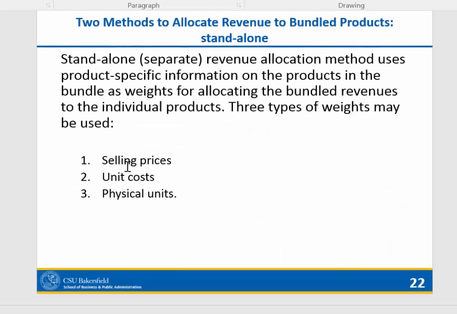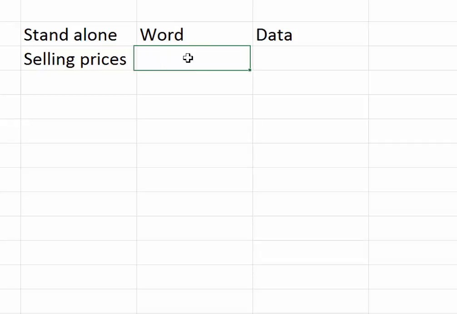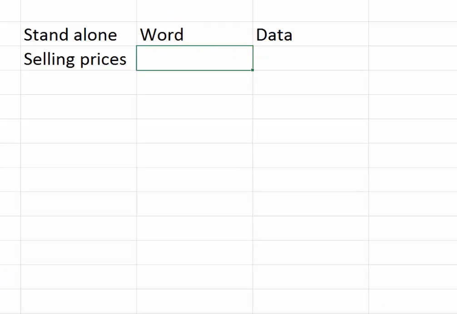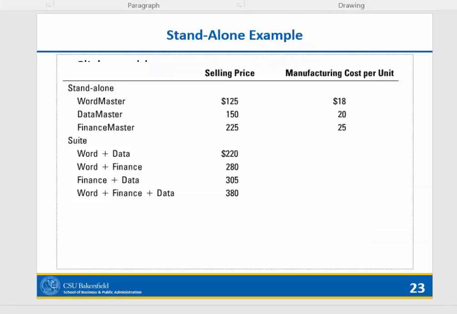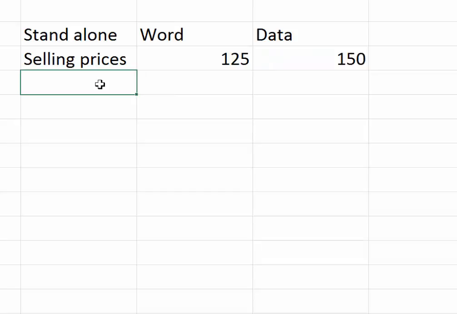Okay, first let's use the selling prices as weight. So I will put a selling price here. For the Word Master, the standalone selling price is $125. For Data, I'm looking at $150. Therefore, you can come up with the weight.